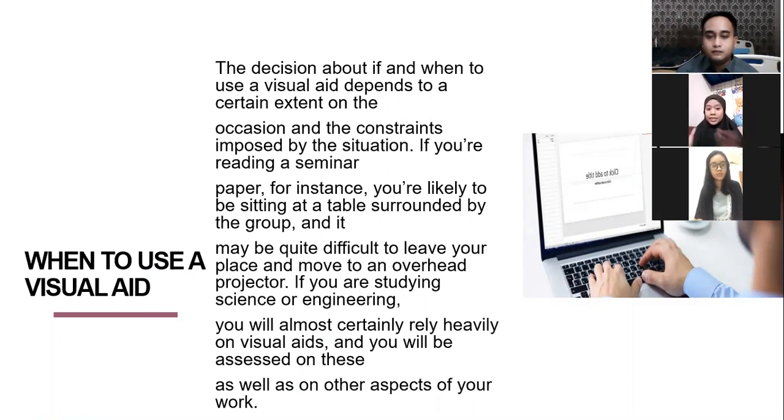If you're reading a seminar paper, you're likely to be sitting at a table surrounded by the group, and it might be quite difficult to leave your place and move to the overhead projector. If you're studying science and engineering, you will probably rely heavily on visual aids, and you will be assessed on that as well as on other aspects of your work.